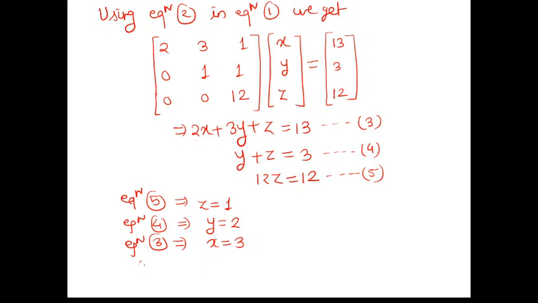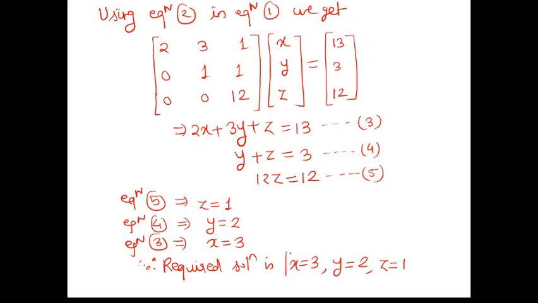Therefore, using backward substitution, we have obtained the solution from a reduced upper triangular form of the given system. So the required solution is x equal to 3, y equal to 2, and z equal to 1.